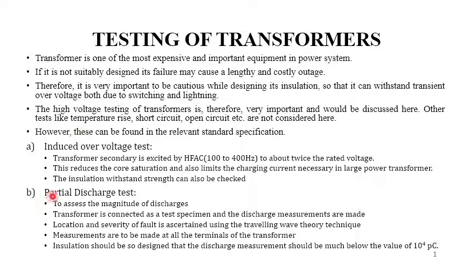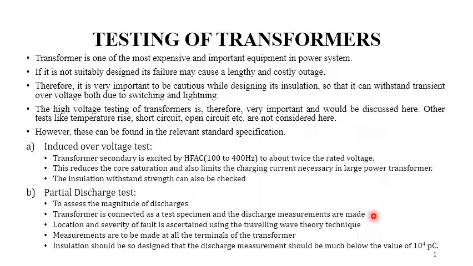Then coming to the next, the partial discharge test. This is done to assess the magnitude of the discharges and also the radio interference levels. Here the transformer is connected in a manner similar to any other equipment, and discharge measurements are made.